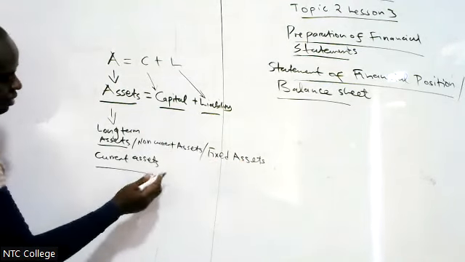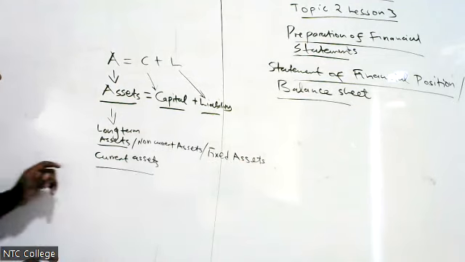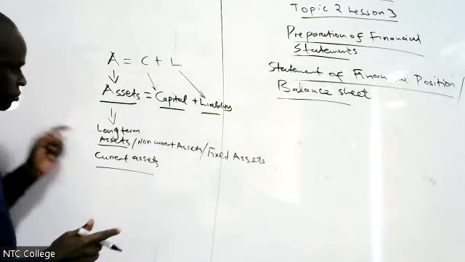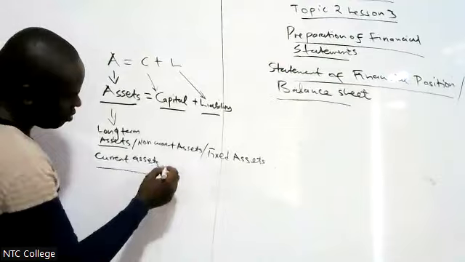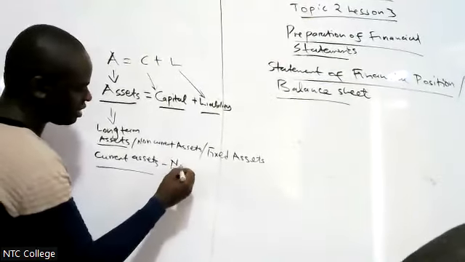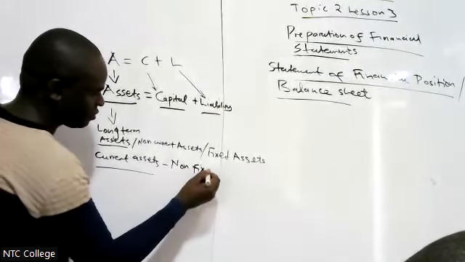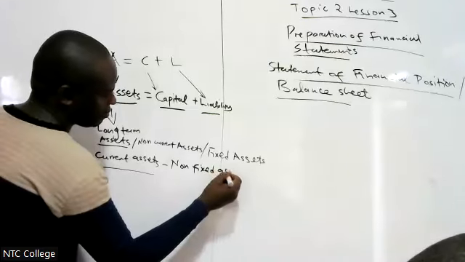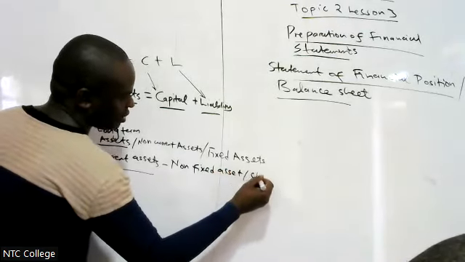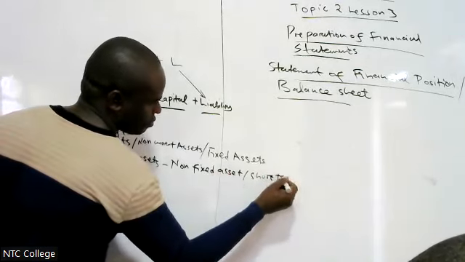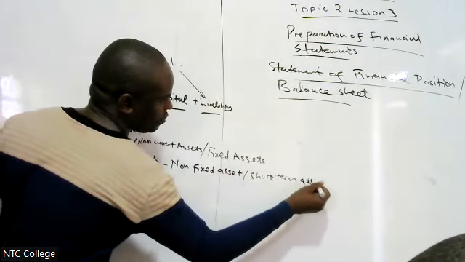Then current assets, they don't have any other name. Sometimes they are called non-fixed assets, or short-term assets. I'll give you examples of this.